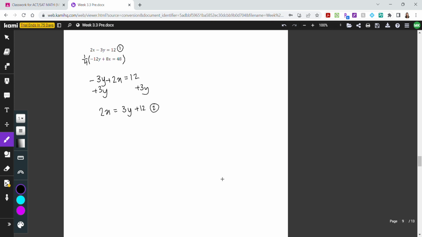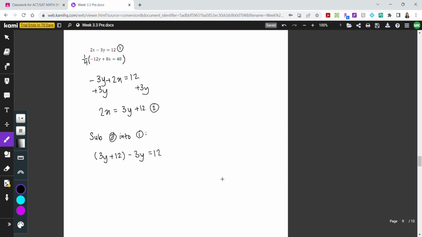All right, so look, 2x is this. We have 2x here, which means we can substitute equation 2 into equation 1. So we're going to replace 2x with 3y plus 12. So if you look, 3y plus 12 minus 3y equals 12. There's no 2 in front because remember, we're taking 2x by itself as a whole.